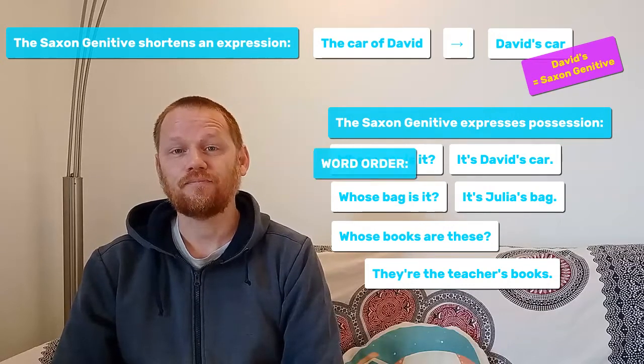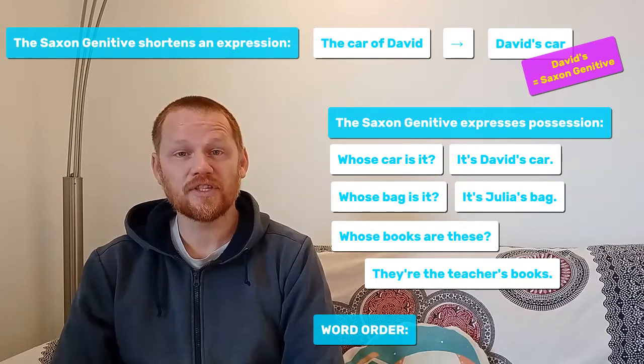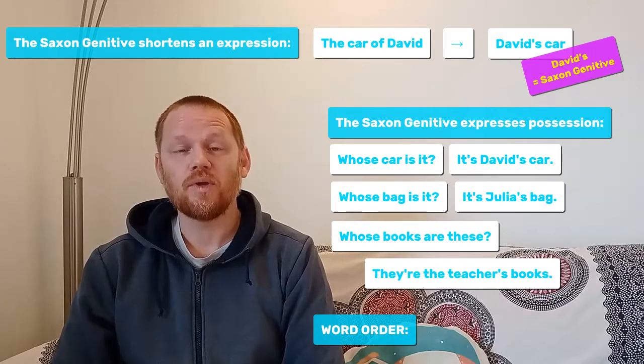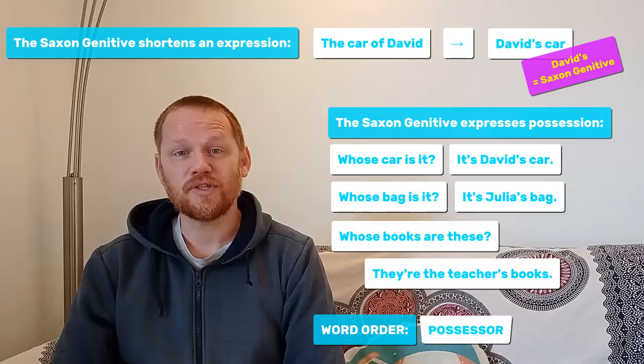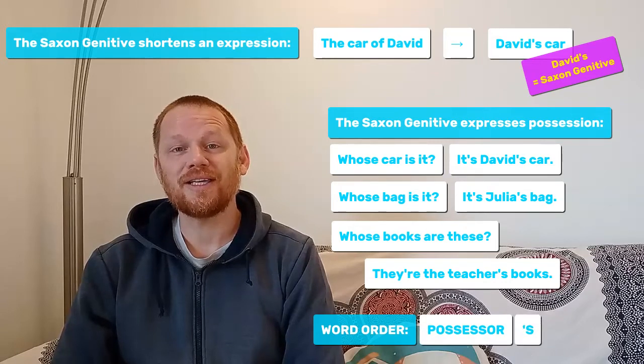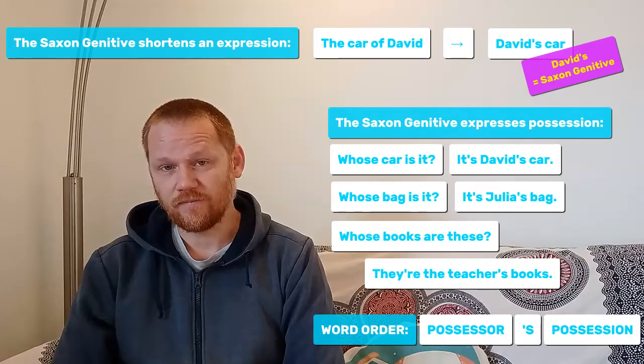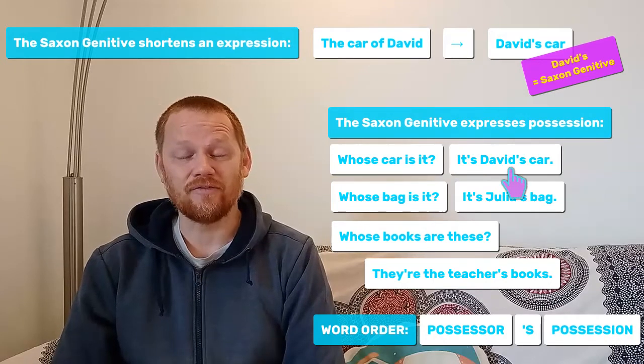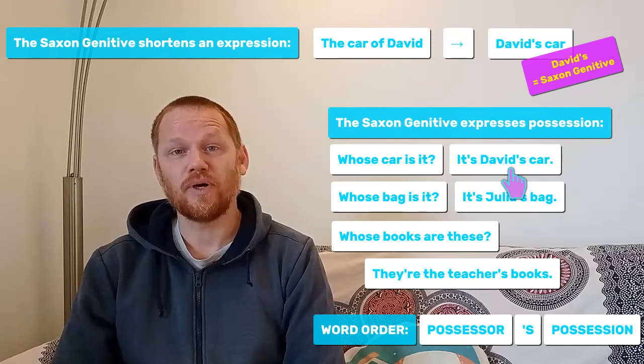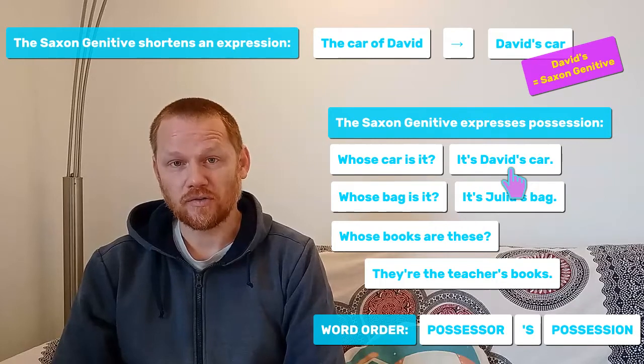Now, the word order here is very important. We begin with first the possessor, followed by the apostrophe S, and then the possession. For example, David's car. So David is the possessor, followed by that apostrophe S, and then the possession car.